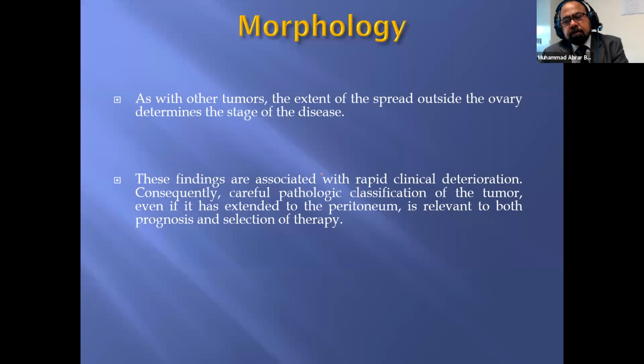And if the cytology is negative, we just call it either grade 1, low grade or high grade, but there is no extension to the peritoneal cavity, so the grade will be either 1 or 2, not more. But the stage, when it extends towards the peritoneum, then straight away it is stage 4.